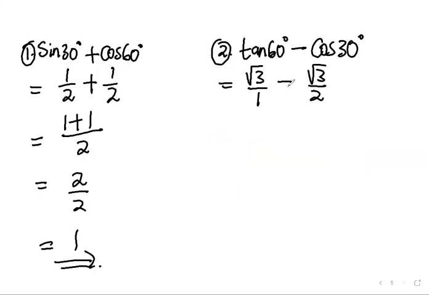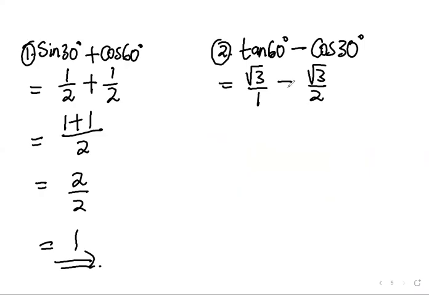Now they said without the use of a calculator. When you're looking at this, it is root 3 over 1 minus root 3 all over 2. Now I need to explain it using the easier method, so that you don't get confused.